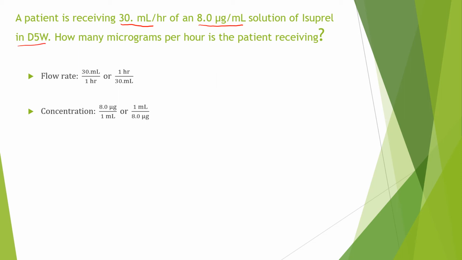So we don't have to really know what they are. These are medical terms, the name of some medication. So we don't need to worry about what this medication is. What we need to calculate is how many micrograms per hour the patient is receiving. So micrograms per hour, that is the rate of medicine administered.